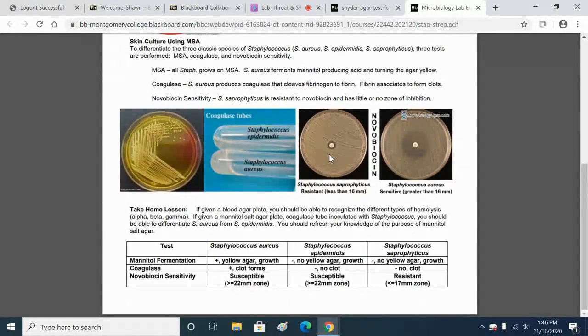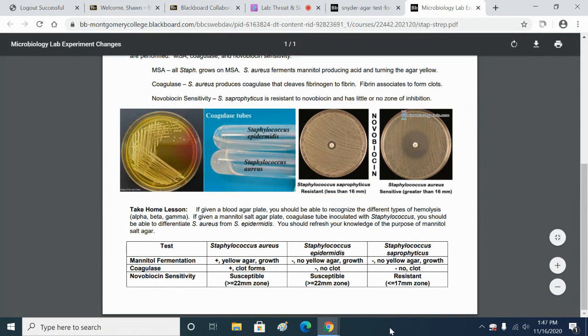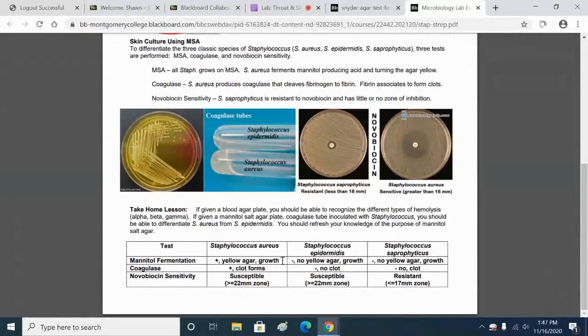So you do need to know these 3 test results for all 3 species of staph. So this table, you need to know this. And it's actually very easy to remember because you only have to memorize 3 things. Which organism ferments mannitol? Staphylococcus aureus. Which organism forms a clot?